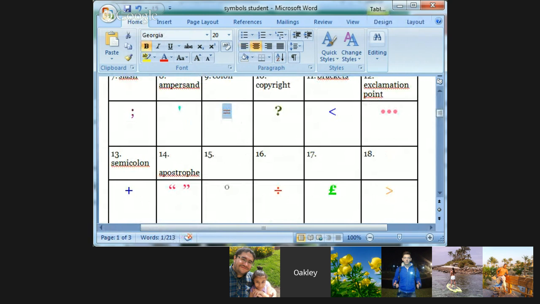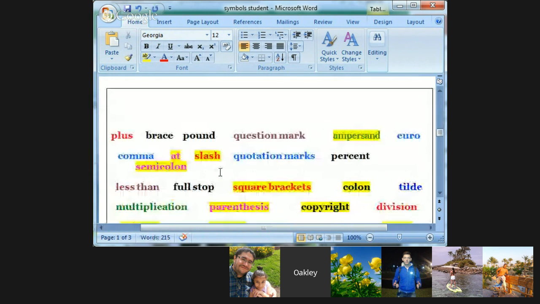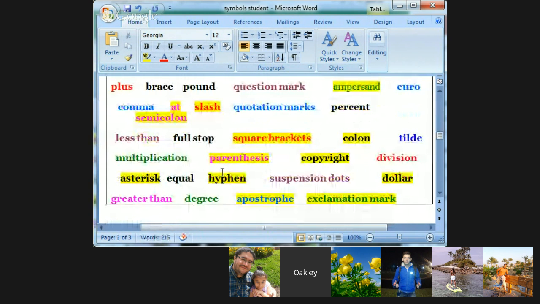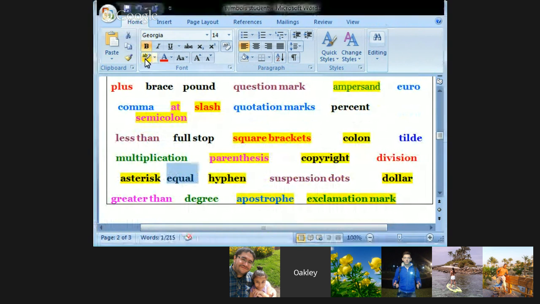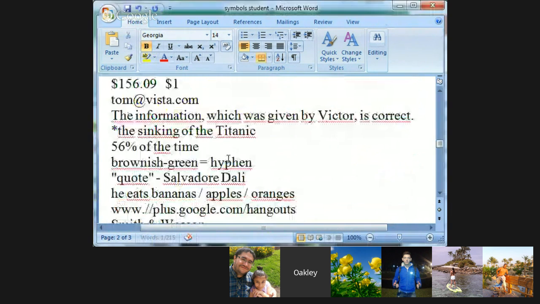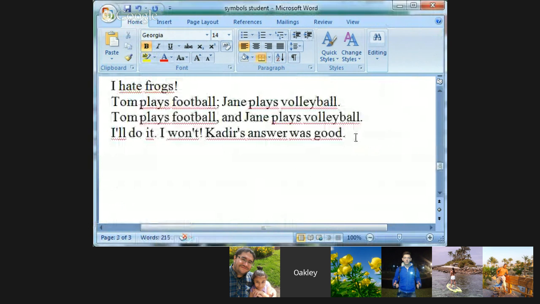Well, moving on. Victor, what do we have here? Okay, equal, or equal sign. And how do you use equal? I use equal a lot in maths for the result of an operation.